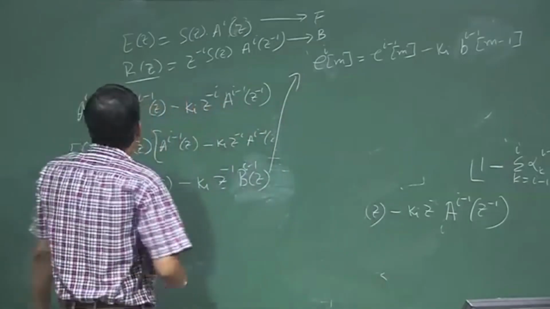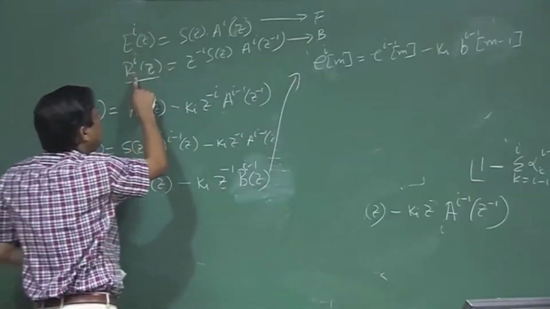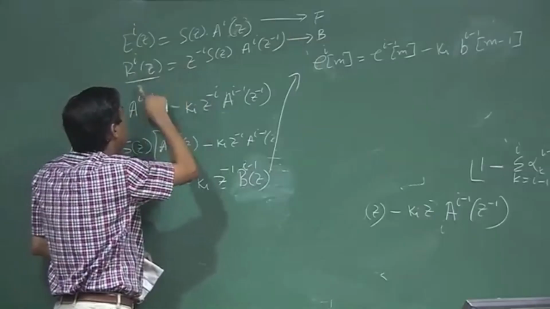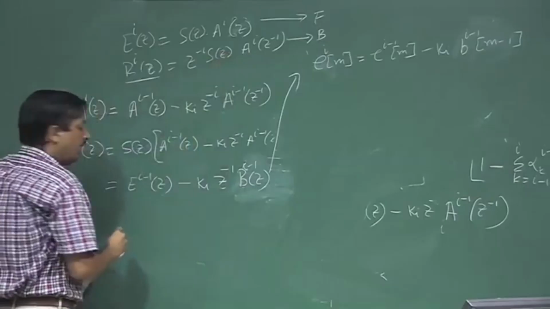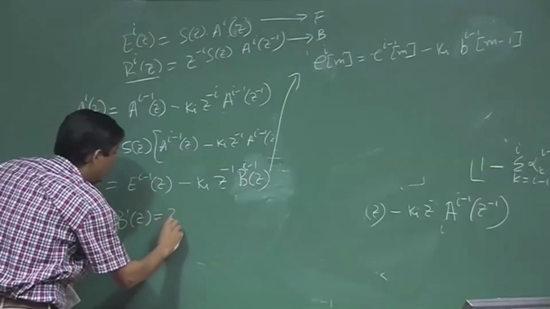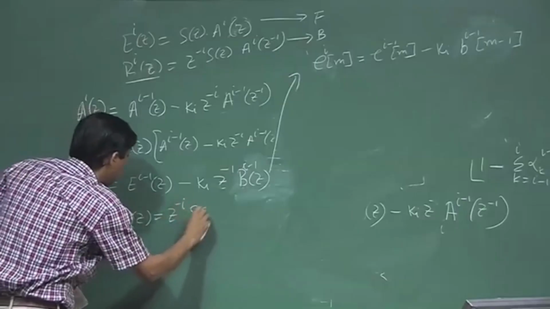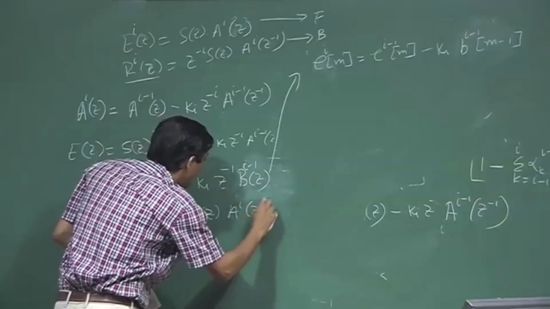Similarly, for B i of z, if I want to replace this A i of z in here, what will I get? I get B i of z equal to z to the power minus i S of z into A i of z to the power minus 1.